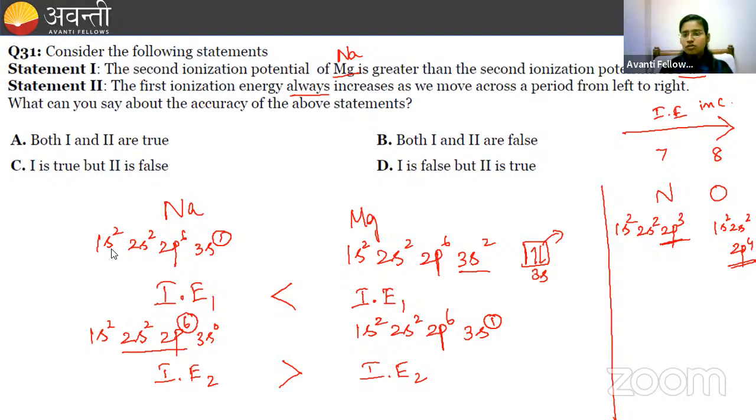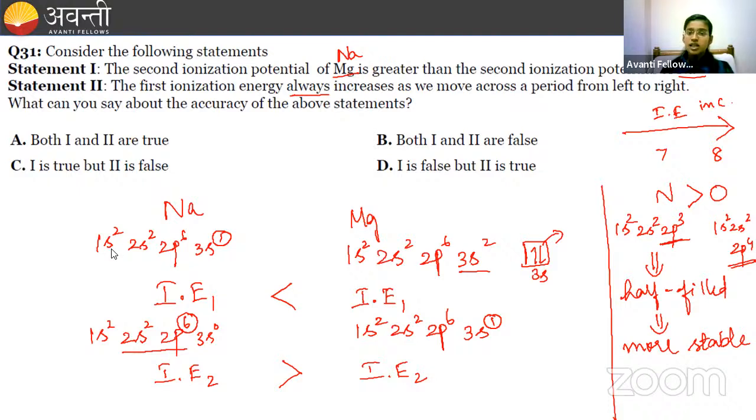Half-filled configurations are more stable, so the energy required to remove the electron from the more stable configuration is more. So the ionization energy is decreasing across the period from nitrogen to oxygen.